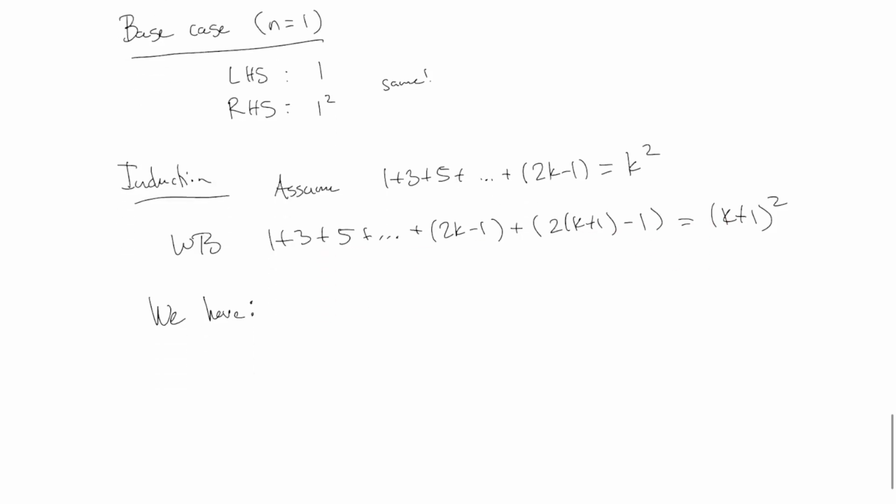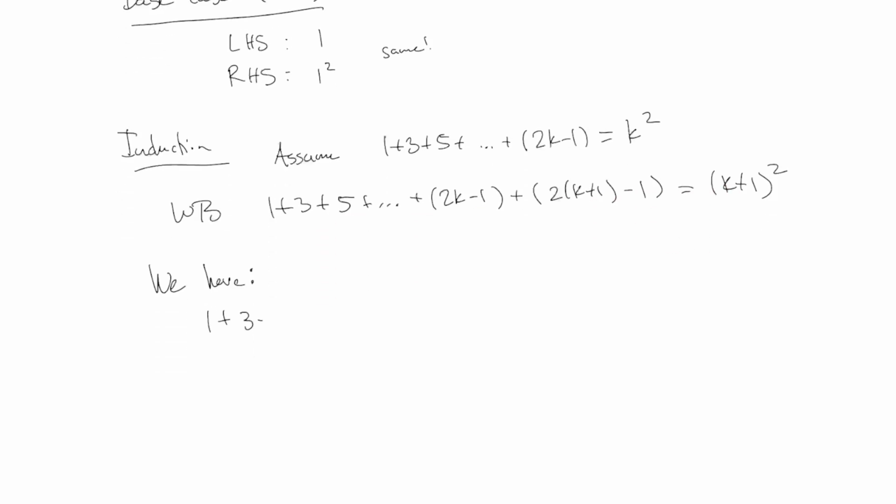I'm going to start with the thing on the left, 1 plus 3 plus 5, etc., 2k minus 1, and then I'll just write exactly like it is, 2(k plus 1) minus 1. Can we simplify that? Well, first of all, we can use the induction hypothesis on the first part of it, right? That much is what I see on the left side of the induction hypothesis.